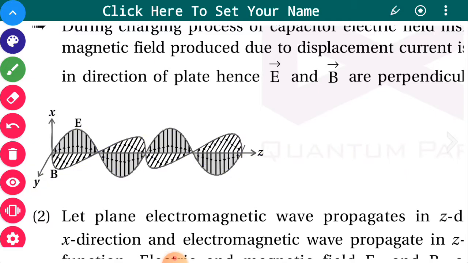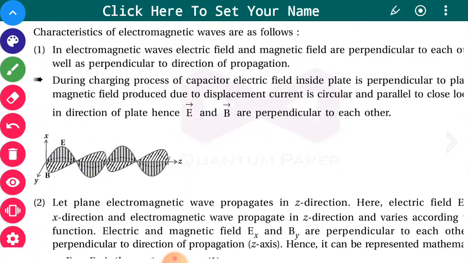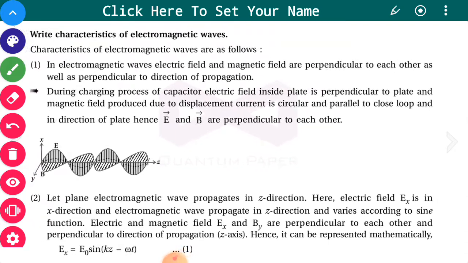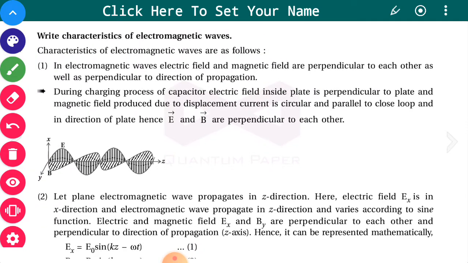During the charging process of a capacitor, the electric field inside the plates is perpendicular to the plates, and the magnetic field produced due to displacement current is circular and parallel to the plates, hence E and B are perpendicular to each other.